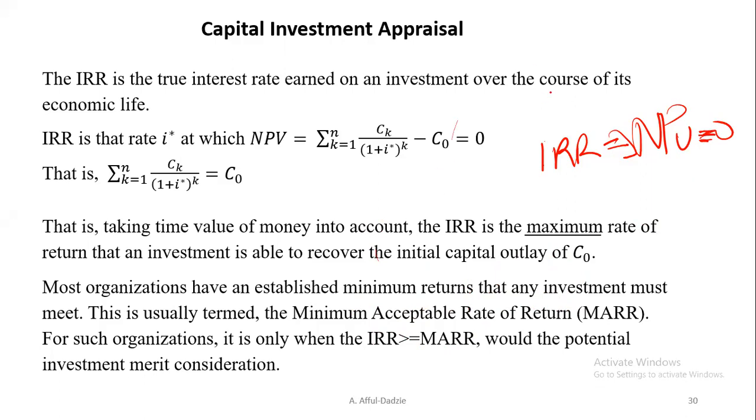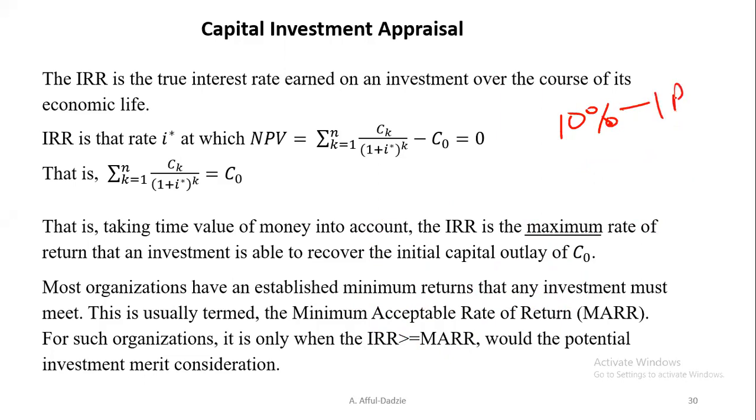Think about it. Let's say, I'm just giving an example, that 10% is our internal rate of return. So it means that for whatever cash flows we experience, at an interest rate of 10%, our NPV will be equal to zero. So at 10%, we would break even. We are not going to make profits or losses.